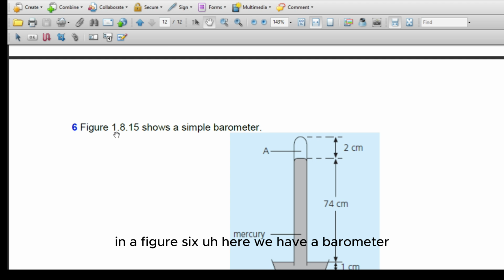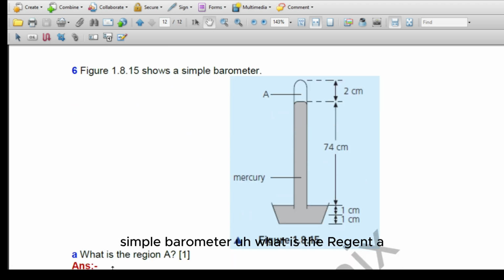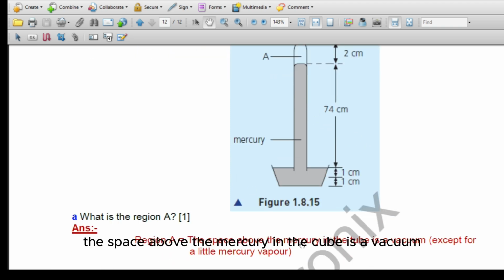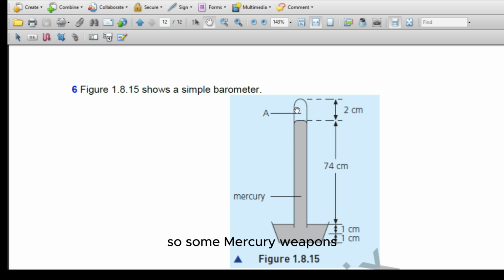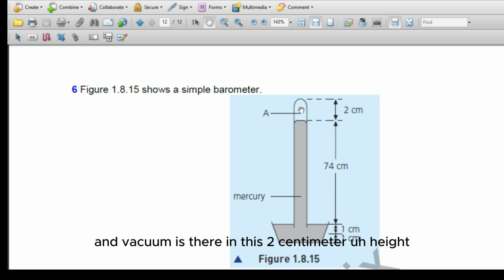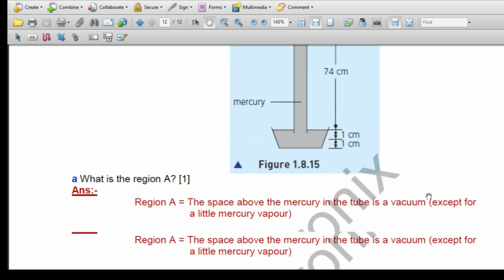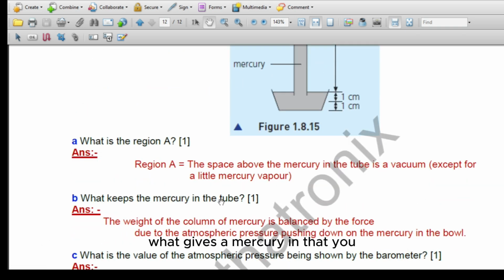In figure 6, here we have a simple barometer. What is the region A? The space above the mercury in the tube is a vacuum except for a little mercury vapor. So some mercury vapor and vacuum is there in this 2 centimeter height. What keeps the mercury in the tube?